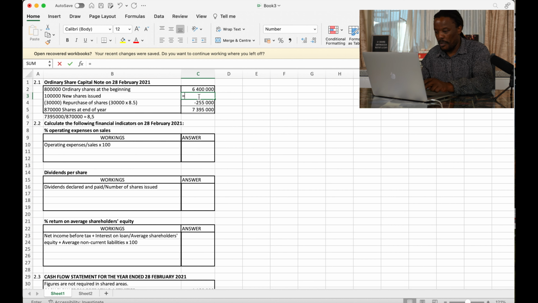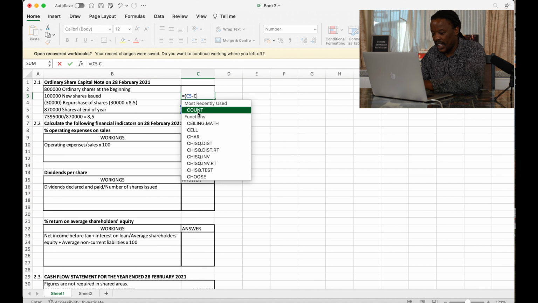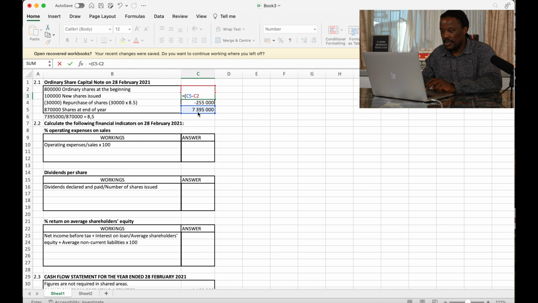When I use my formula, you can use your calculator. You take the balance at the year end minus the balance at the beginning of the year, which in my case is C2, and then minus again the repurchase of shares. You get the new shares that were issued, and then you get your 6 marks. You're happy with that.